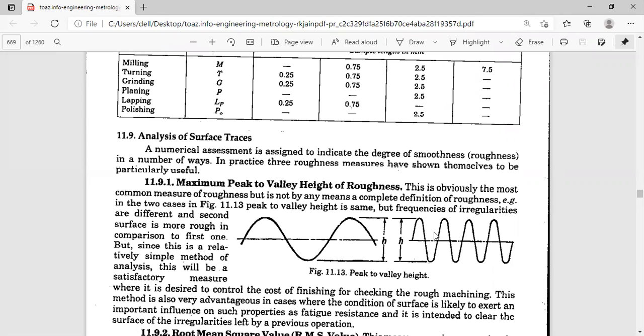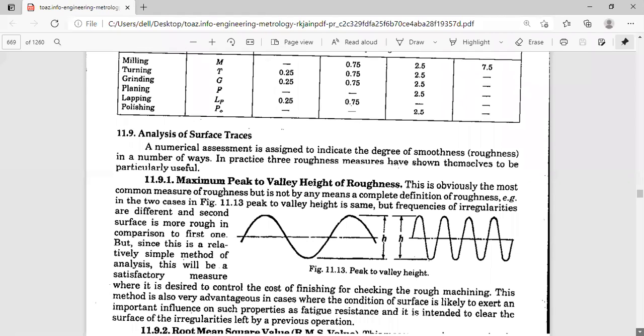More rough means a higher value of Ra, maybe closer to 12.5 or 6.3 or 25. Here we can have the lesser value, maybe 3.2 or 1.6.